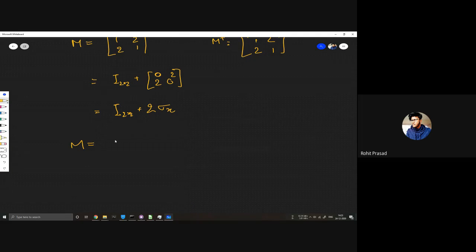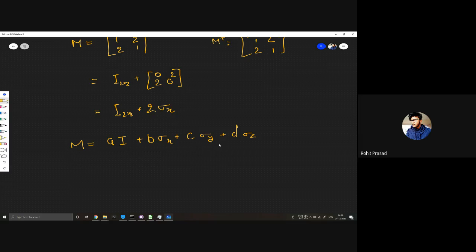Okay, so now we will say that it's a random matrix, A identity plus, taking it to be 2 cross 2, B sigma x plus C sigma y plus D sigma z.